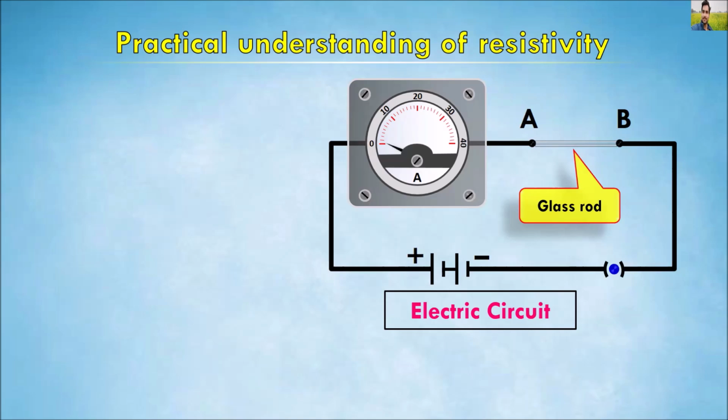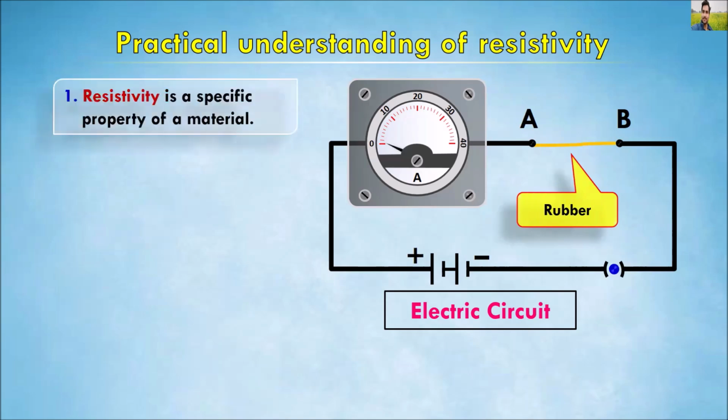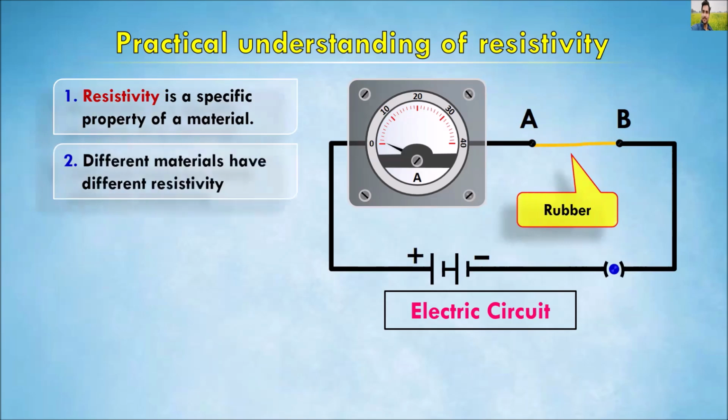So obviously the circuit will not complete and we will not get any kind of current. If we use rubber, still we are not getting any current, right? So resistivity is a specific property of a material. Different materials have different resistivity.